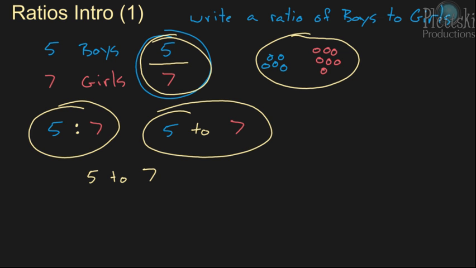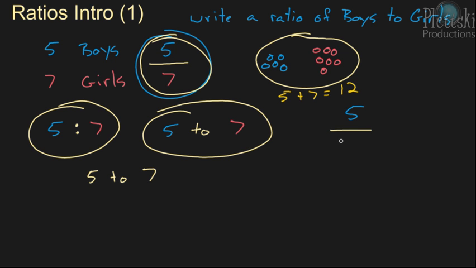Now, one other example, what if we wanted to write the number of boys, so 5, to the number of total students in the class? Well, the total number of students in the class would be the boys plus the girls, so it would be 5 plus 7, which is 12.